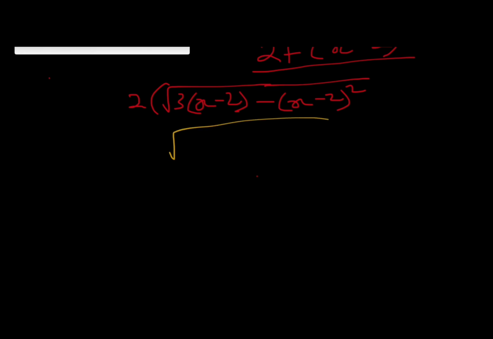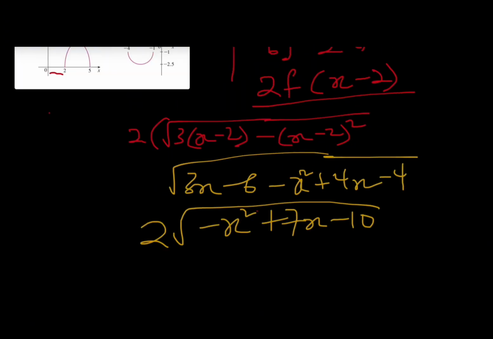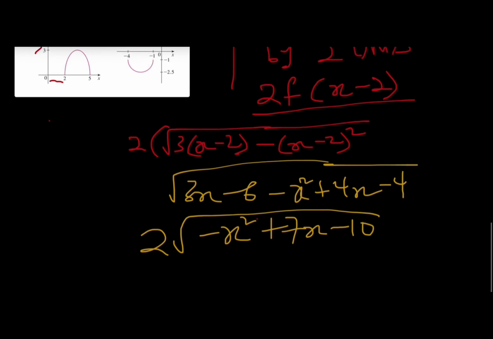This is going to be square root of 3x minus 6 minus x squared plus 4x minus 4 inside here. We are going to simplify this and get negative x squared plus 7x minus 10 all under root, multiplying 2. So this will be the transformation for question number 6.